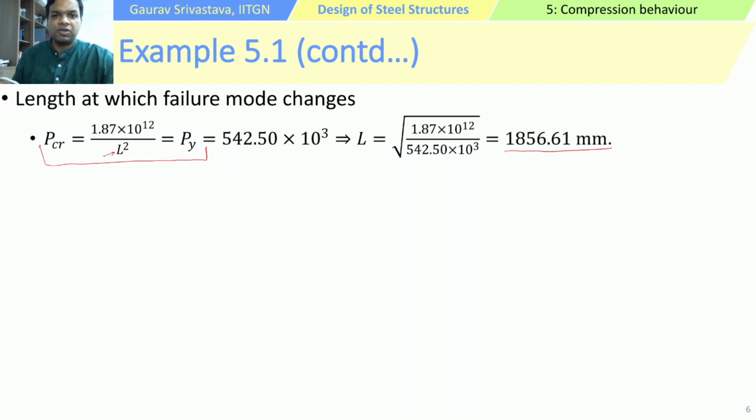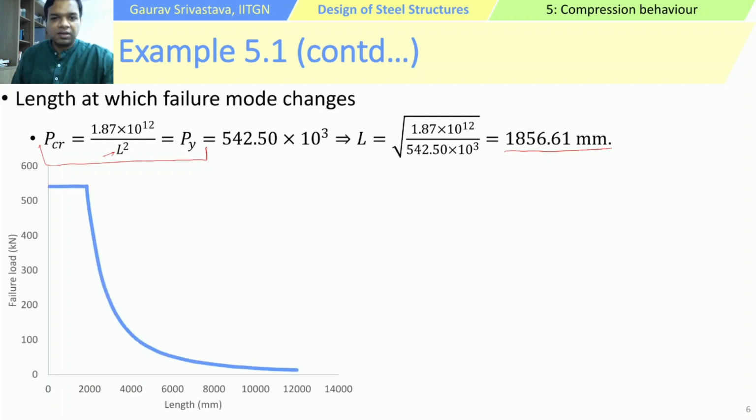The mode of failure of the column will change for this particular section, right? And we can actually plot, let's say, failure load versus length of the column, right? So up to a length of this 1856, up to this length, before this is yielding and after this is buckling, right?